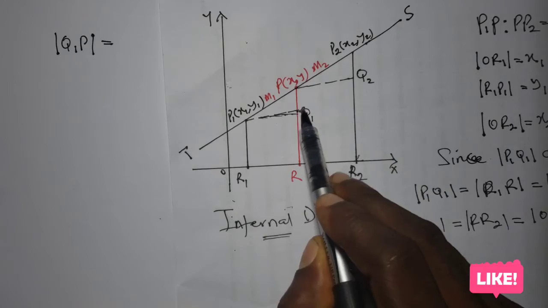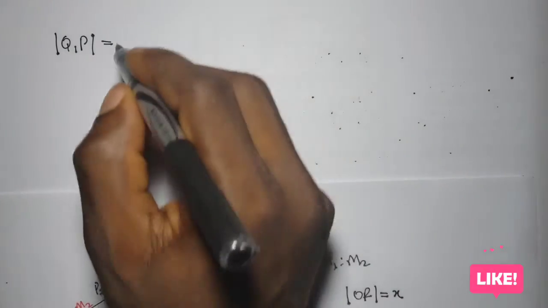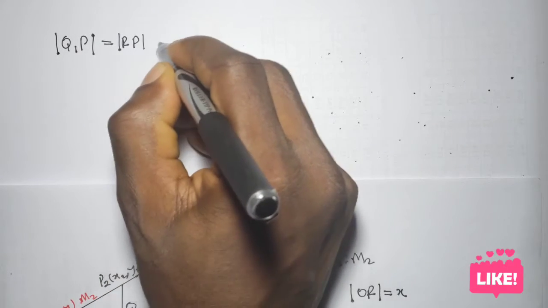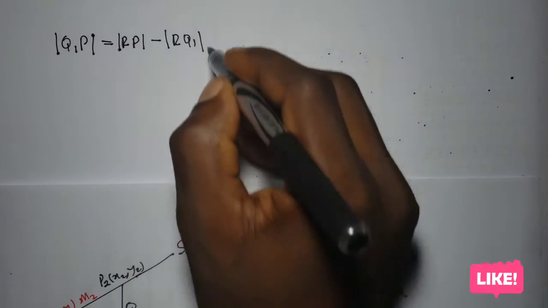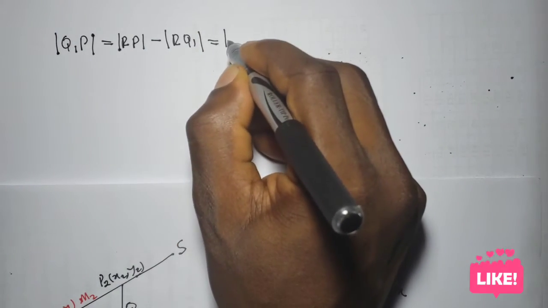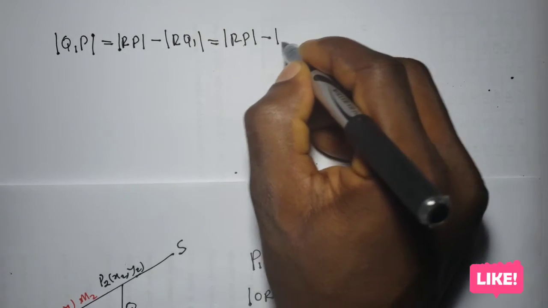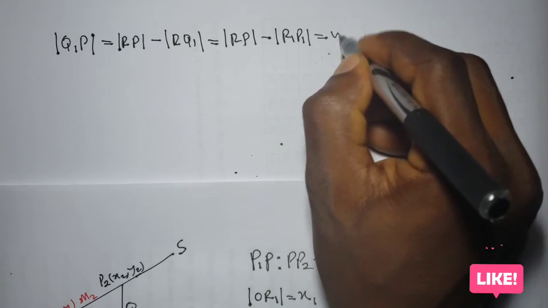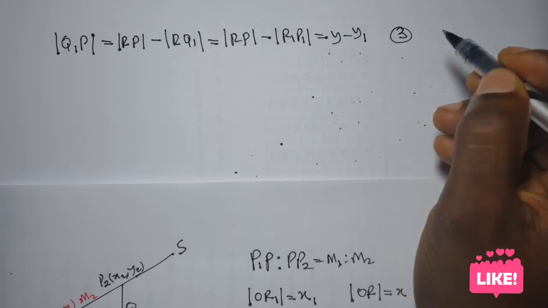This other line here, Q1P, we have that this is equal to line RP minus line RQ1, which is equal to line RP minus line R1P1, and that is equal to Y minus Y1. We'll call this equation 3.